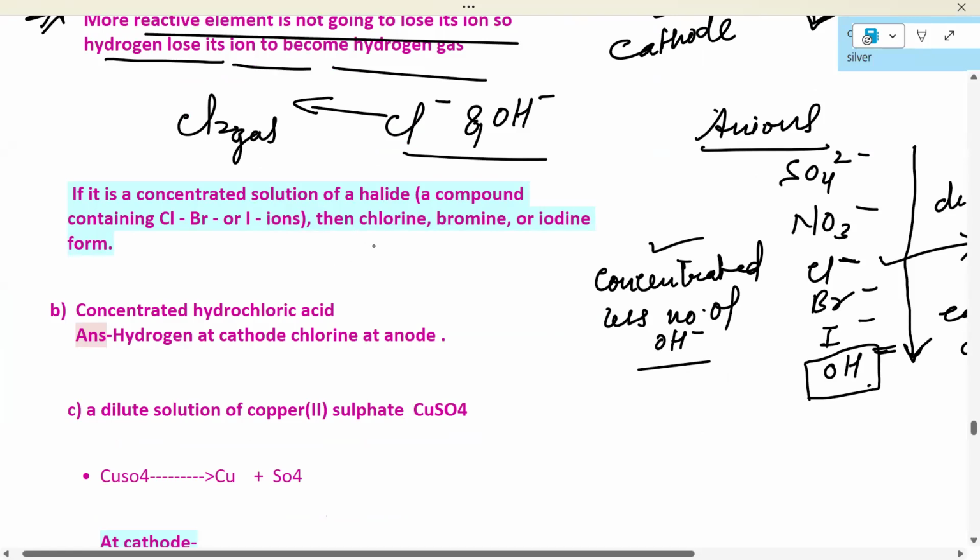Always remember, if a concentrated solution of halide, means a compound containing chloride, bromide, or iodide ions from 7th group, then chlorine, bromine, or iodine form.